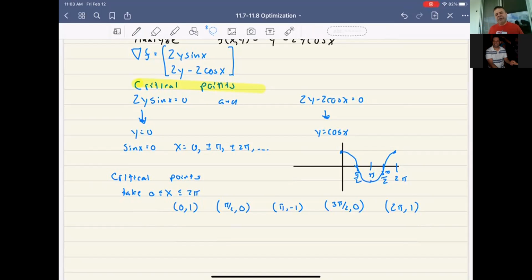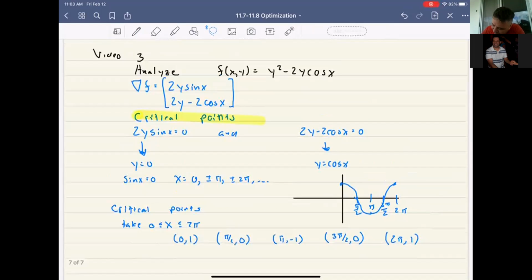So let's look at the second derivative matrix first. Here, we're going to take the derivative of this with respect to x, which is just going to be 2y cosine of x.